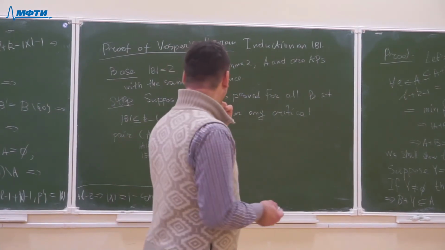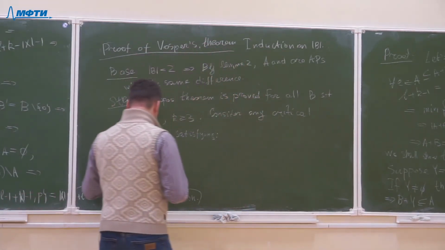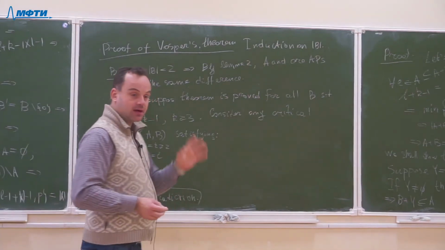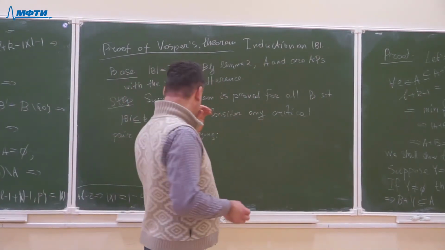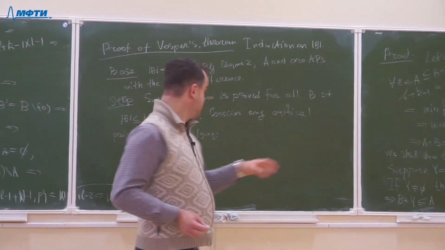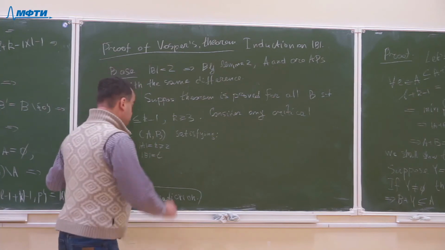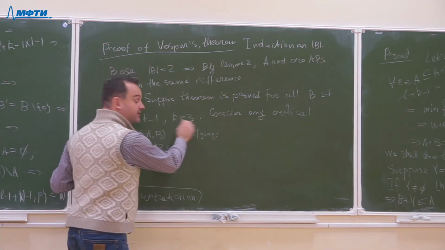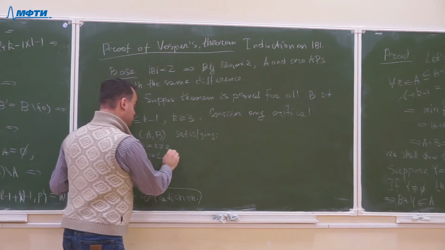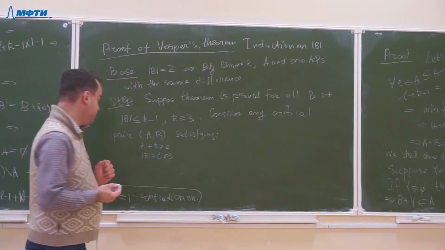Yeah. Well, our limitation was that the minimum between the cardinalities of A and B is 2. So the cardinality of A is at least 2. The cardinality of B is at least 3, because it's an inductive step.